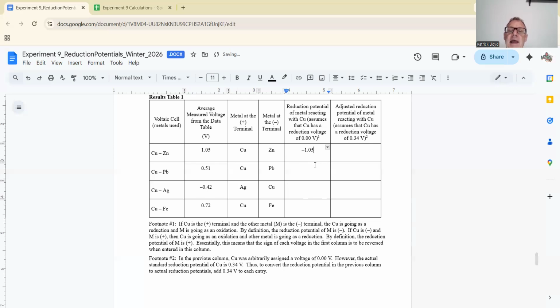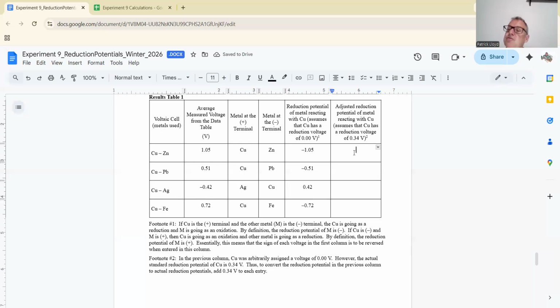If you do the same thing with the lead, 0.51 is equal to 0 for copper minus lead, and solve for lead, you'll get that lead is minus 0.51. Here the difference is negative 0.42, so negative 0.42 equals 0 minus silver. Solve for silver, you get 0.42. You notice you're just changing the sign when you do this arithmetic.